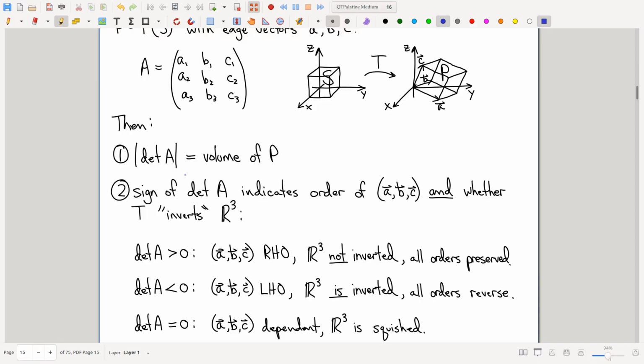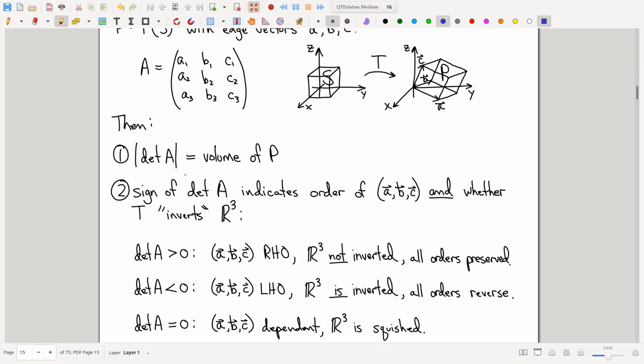The left-handed one will turn into a right, left goes to right, and right goes to left. So different handedness here goes to different, sort of reversed, but still different in the outputs. Everybody good? Yeah. So when you say order, you mean the right hand? Yeah, that's the whole right hand, left hand thing. Yeah, absolutely.